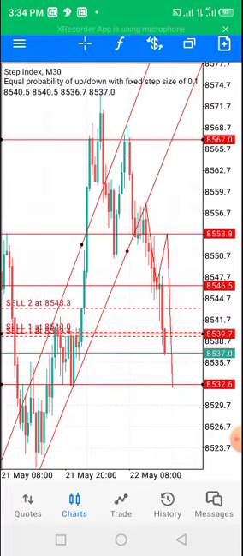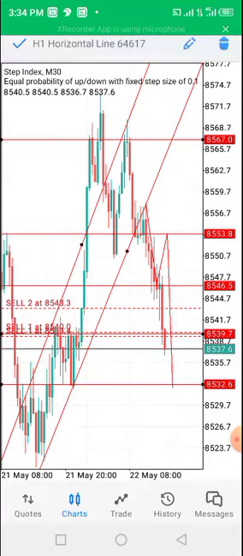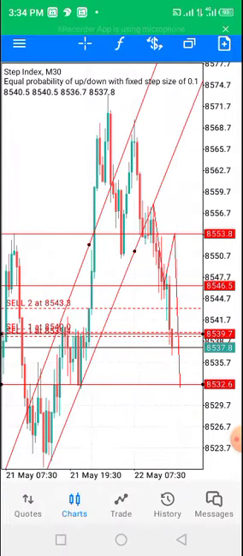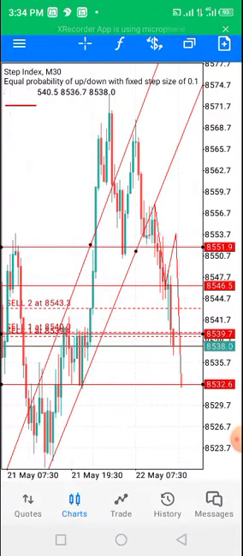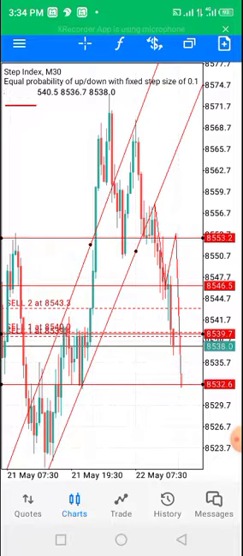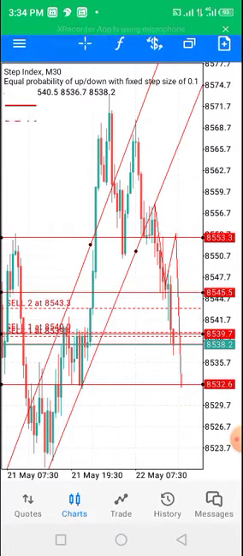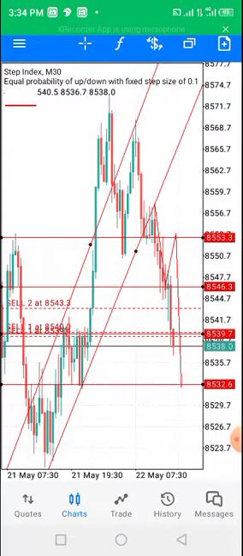So guys, as you can see from the trade and the strategy, this position here was our first resistance level, and this was our support level.